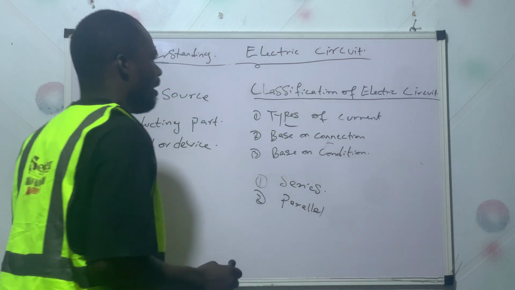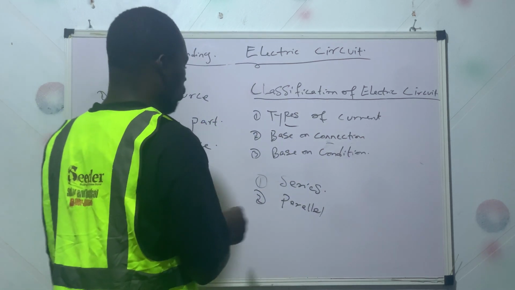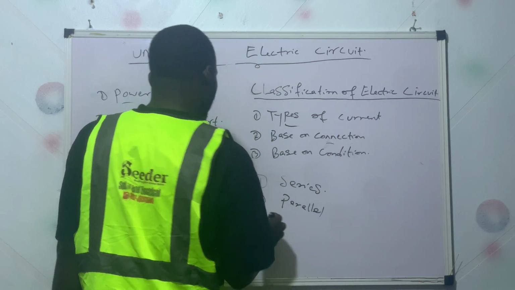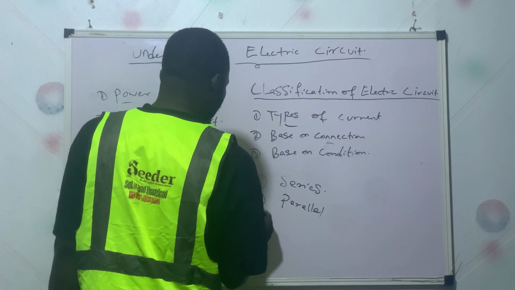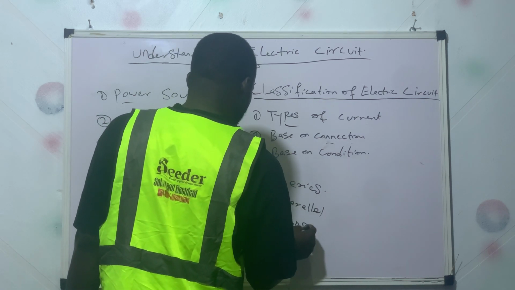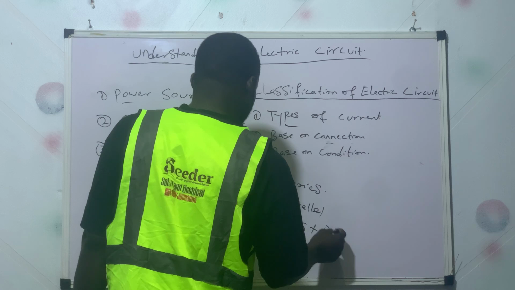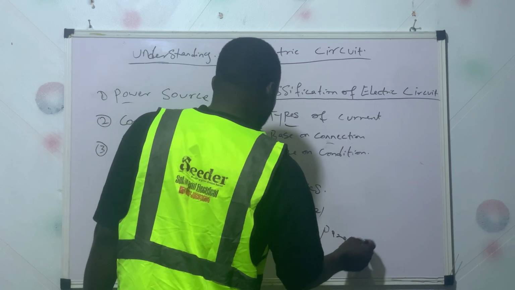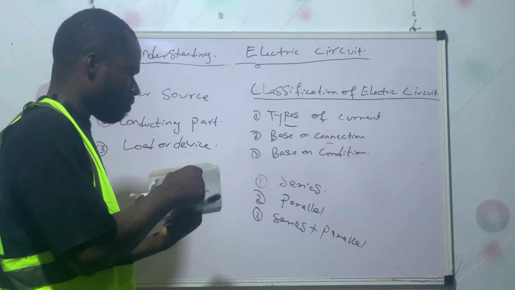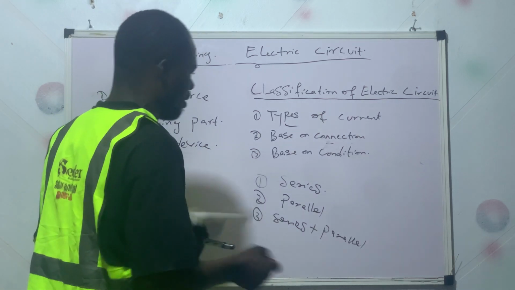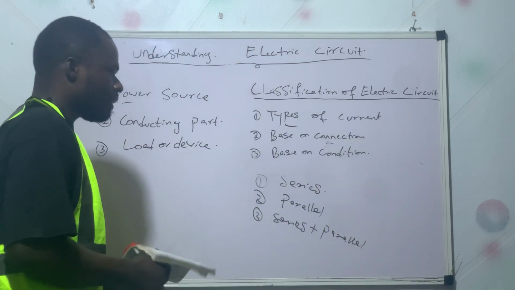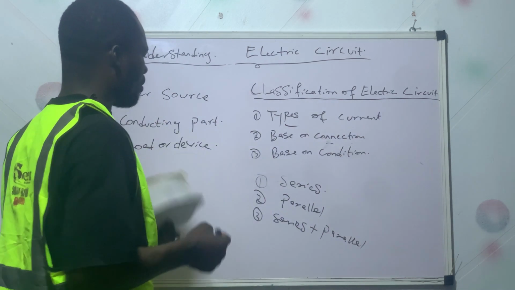Most times we make use of the third type of connection, which is series plus parallel. Some setup may require you to make use of both in combination. So we have three types of connection: series connection, parallel connection, and series plus parallel connection.